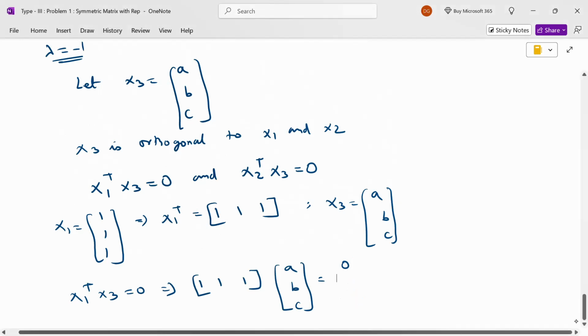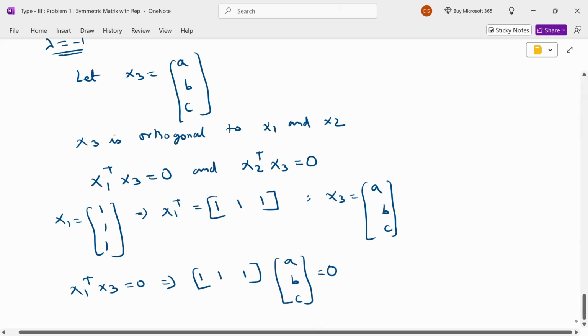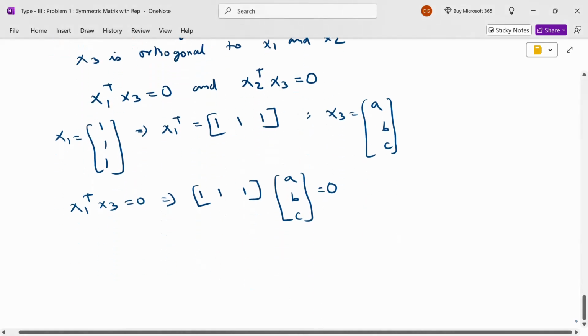Because I'm going to write a linear equation, not a matrix, I'll take 0. Now row into column gives a plus b plus c equal to 0.